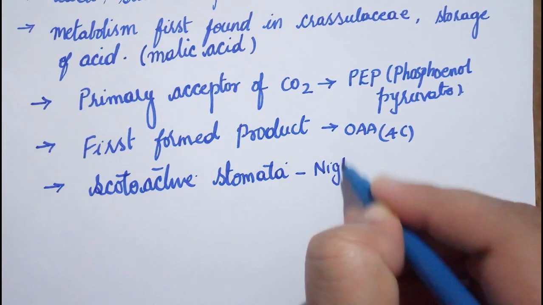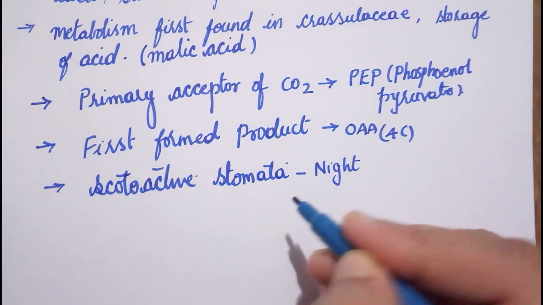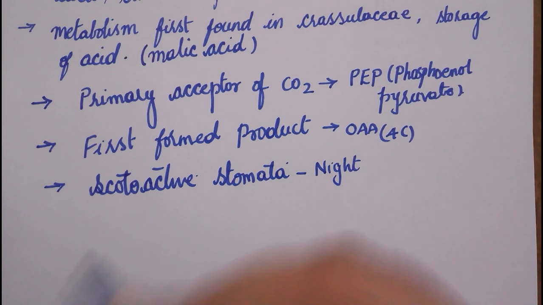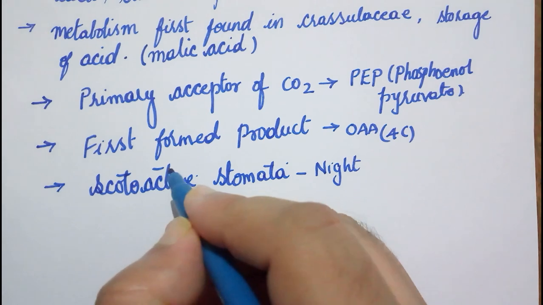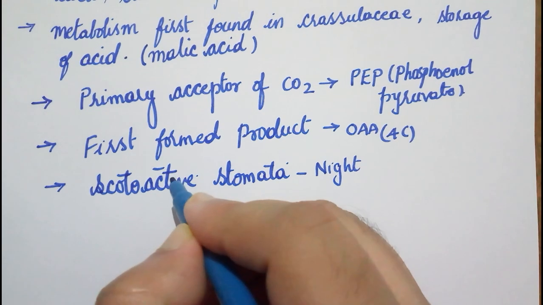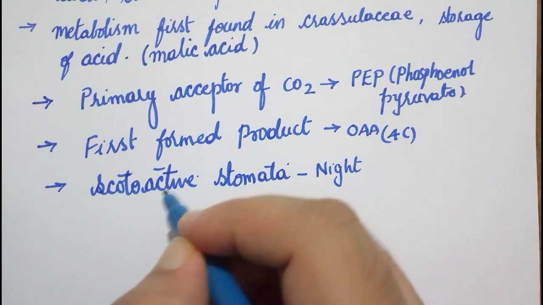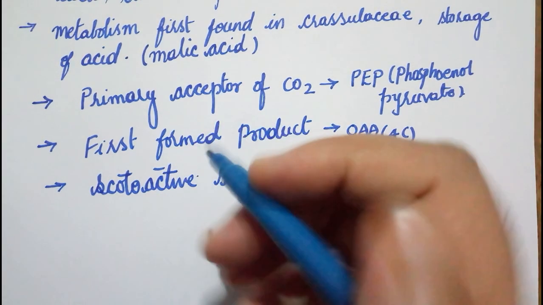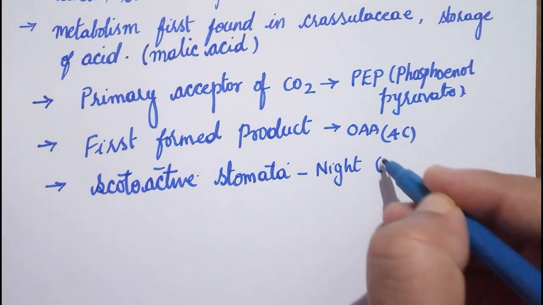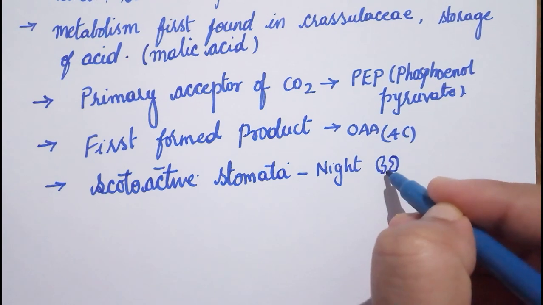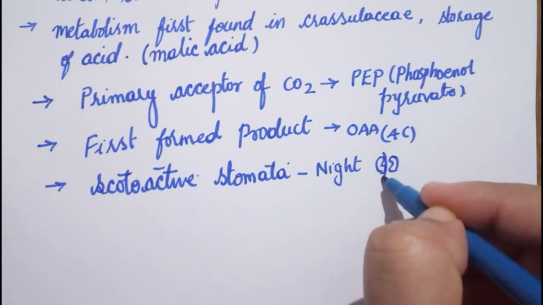By this you can understand, when the stomata open during the night time there is no sunlight. When there is no sunlight, active transpiration is very, very less, and humidity is also sometimes high at night. So when the stomata open at night, there is no water loss to the plant, just carbon dioxide entry into the plant.